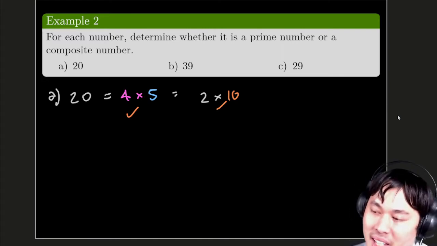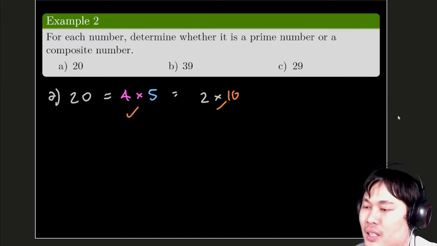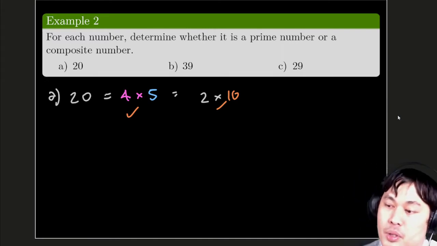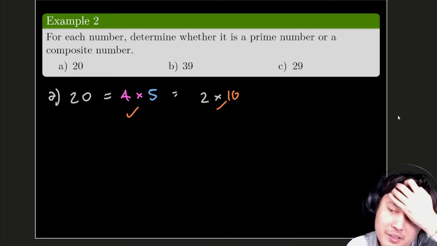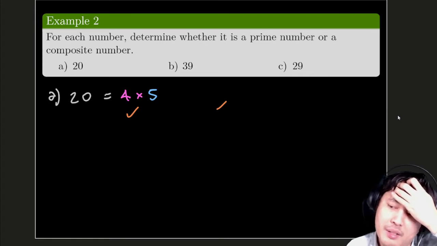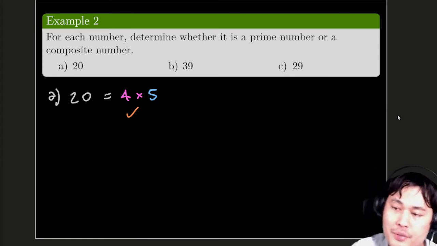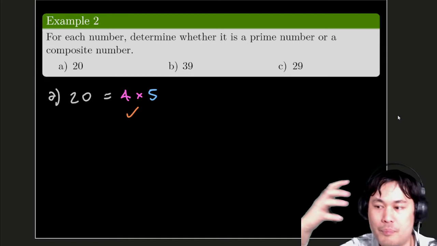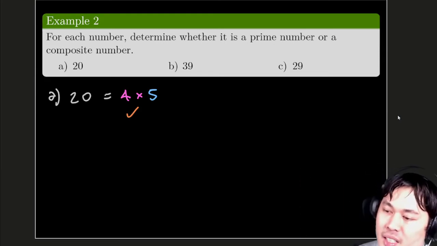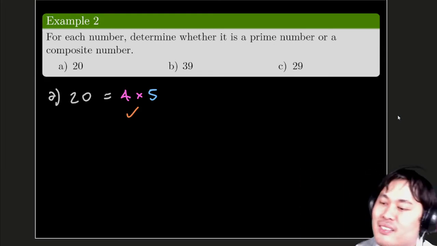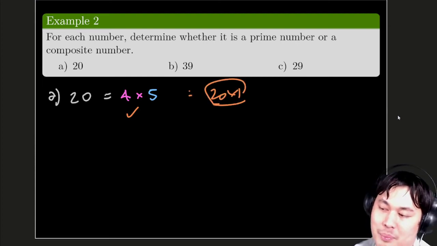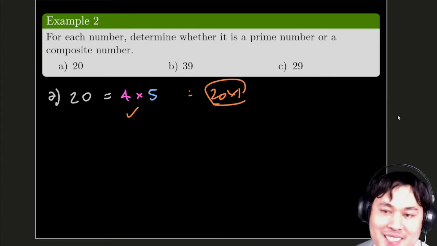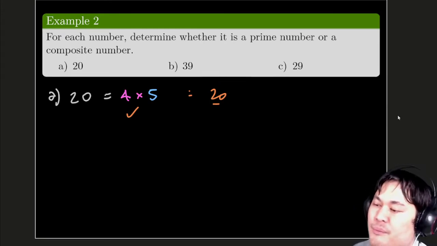There could be more than one way to express a number as a product of two. But all you need is just a single example of expressing a number as a product of two numbers that are not itself and one. You can write this, but that doesn't prove that it's prime. You can choose 4 times 5 or 2 times 10.